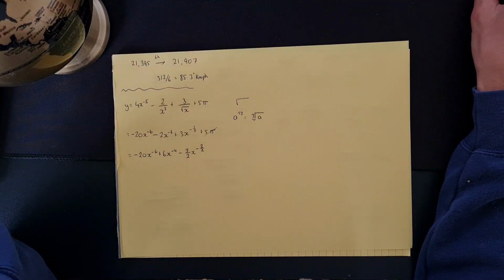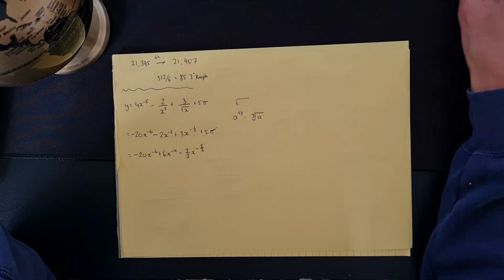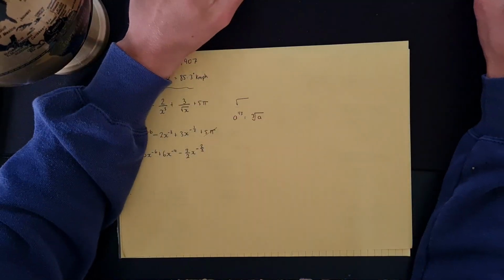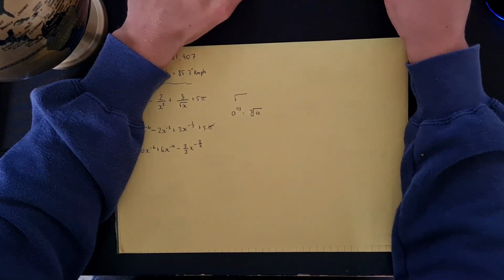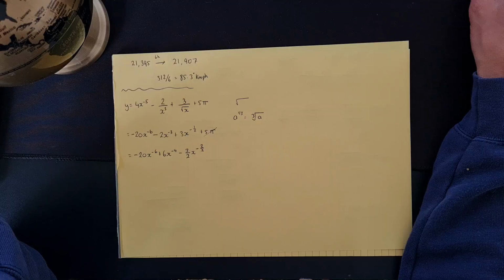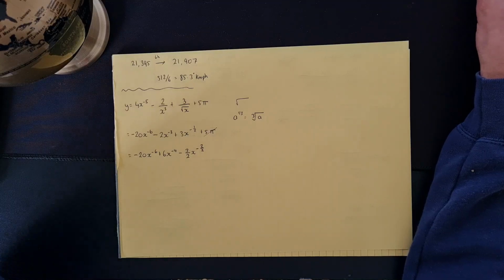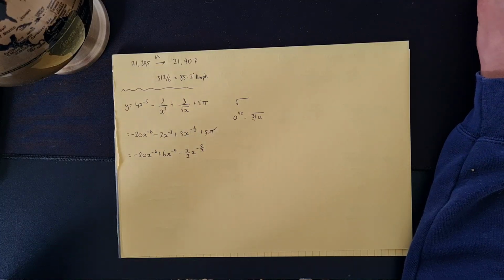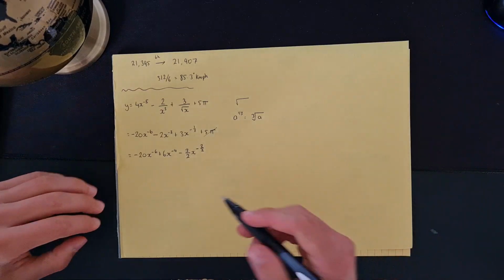Okay, now that was not a fraction there, minus 3 over 2. Okay, now that's my answer. Now let's see if that is correct. Awesome, that's correct. Okay, now we'll go to the next question.